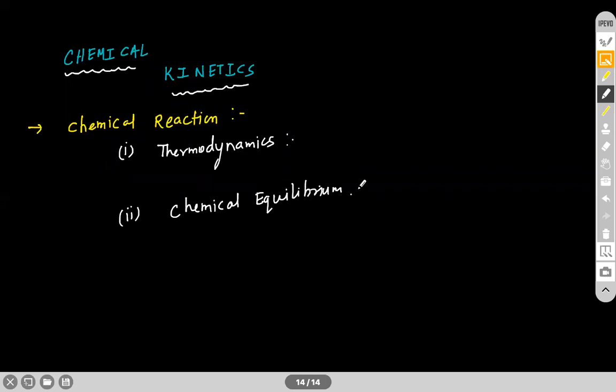We are trying to understand what this chapter, chemical kinetics, is all about, and what we are going to study in it.